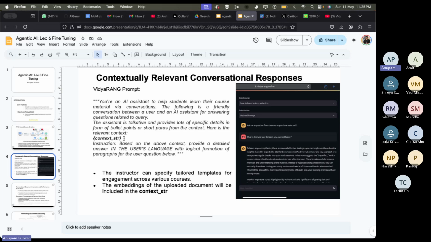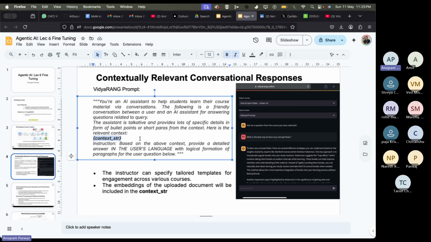Then here is where the relevant context is coming from the vector database. And then there is an instruction to provide a detailed answer with logical formation of paragraphs in the same language as the user. If the user is asking a question in Hindi, the answer should also be in Hindi. If the user is asking in Telugu, the answer should also be in Telugu.